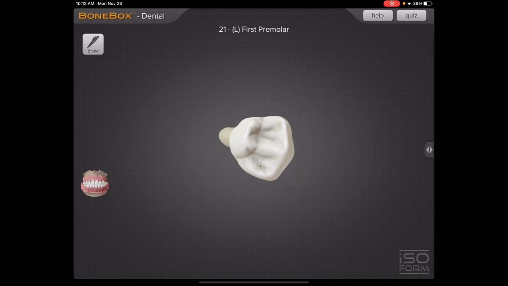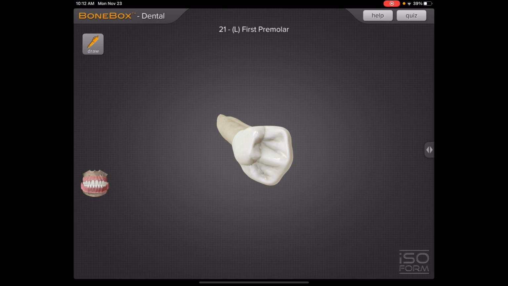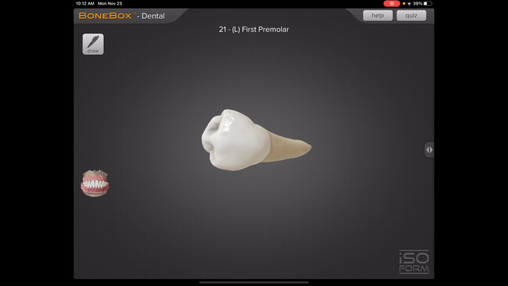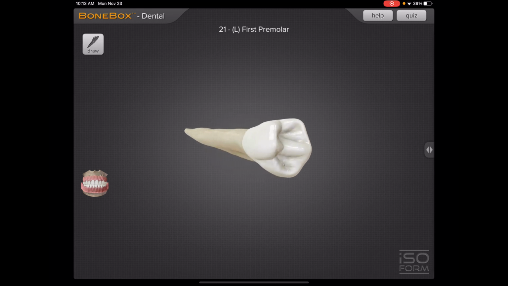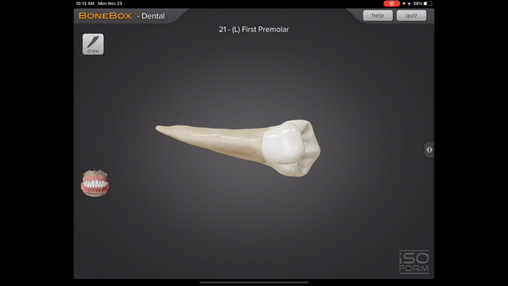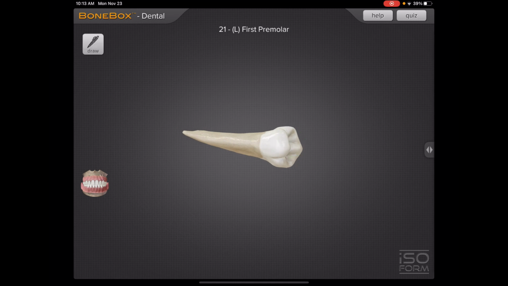So for your mandibular first premolar, you have 3 lobes, 1, 2, 3, and a smaller 4th lobe or 4th lingual cusp.